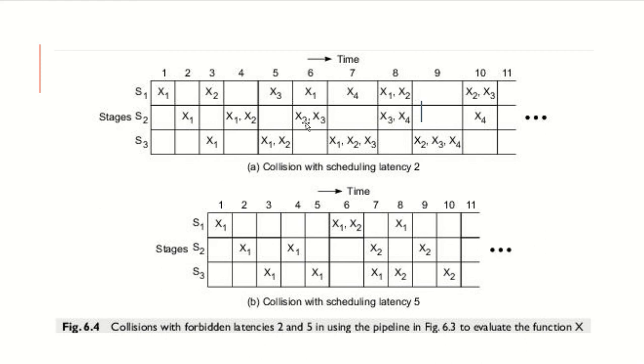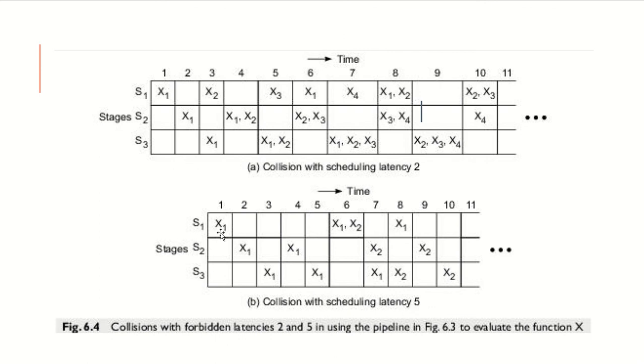Similarly, there is a collision between x2 and x3, and between x1, x2 and x3. All these have a scheduling latency of 2, and this is an example of collision. So you have to resolve the collision to get better performance out of the nonlinear pipeline. Now, this one is with scheduling latency 5.